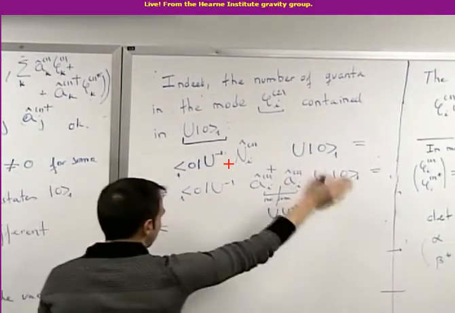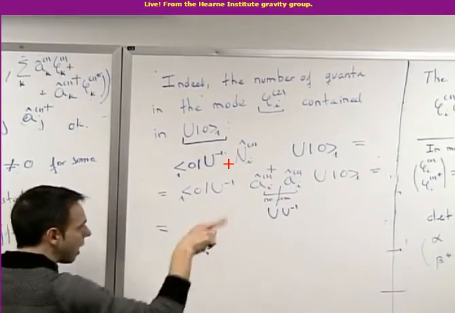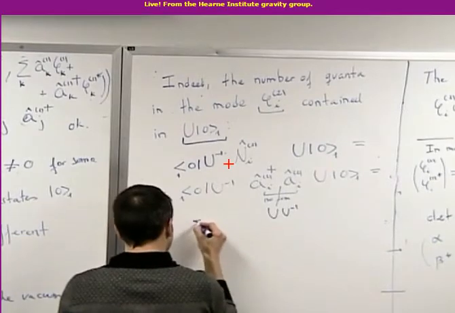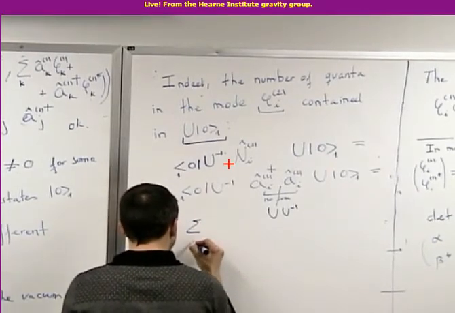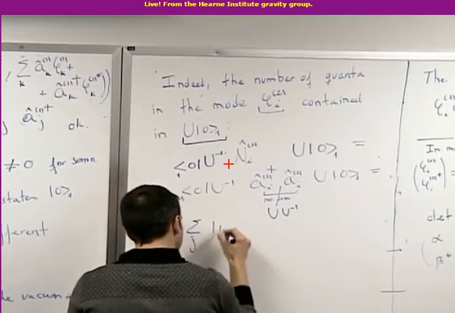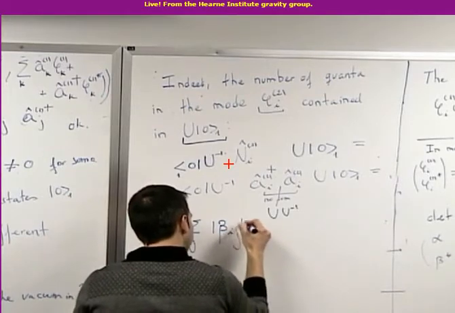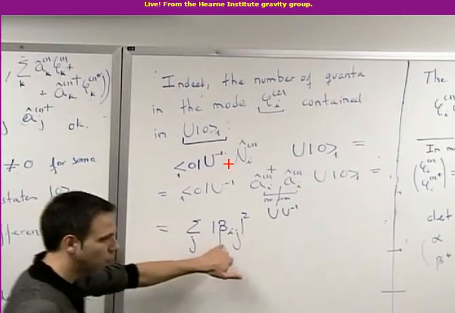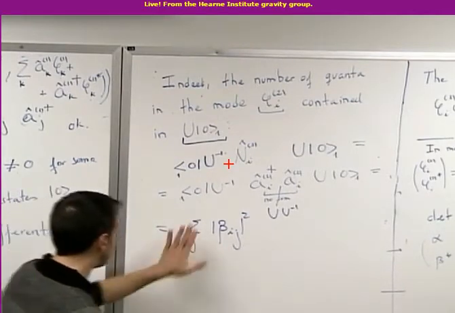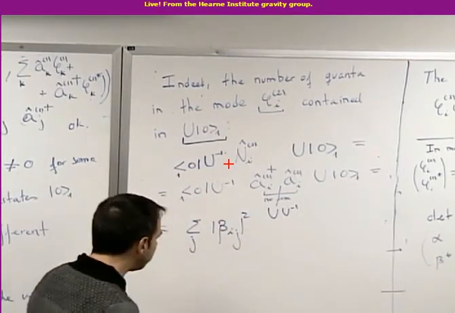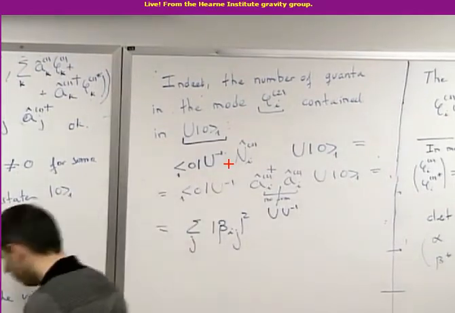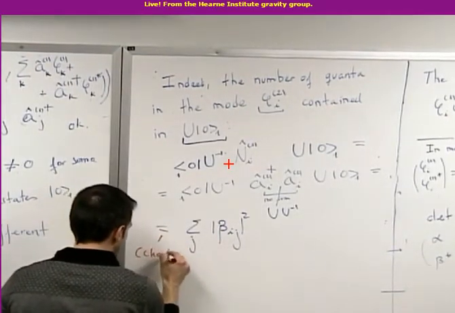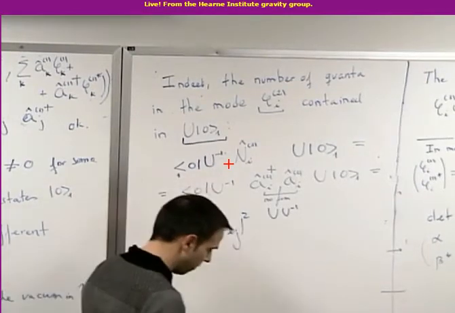And so the U's disappear, I only have vacuum 1 and A1 dagger, and if you do the computation, you will obtain the beta coefficients squared. But now we have a sum that we didn't have in the case of the single harmonic oscillator. The single harmonic oscillator was just beta squared. And this is also a check for you, so you don't miss me during the whole week.